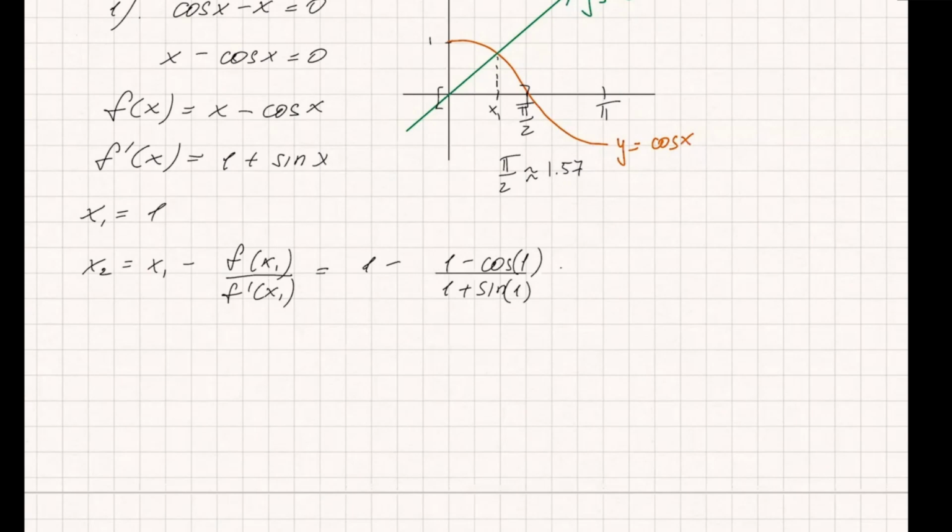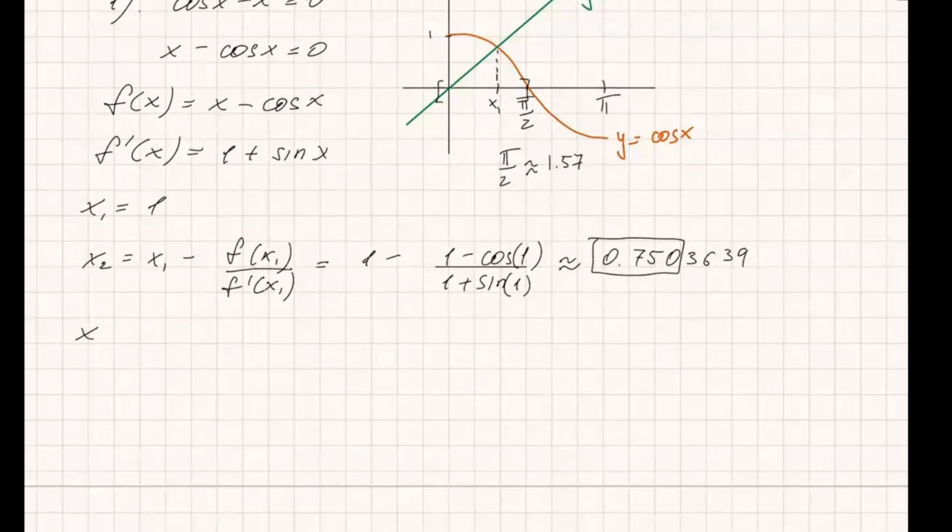If you plug it into a calculator, you would get approximately 0.7503639. We can probably just use 3 digits after the decimal point.